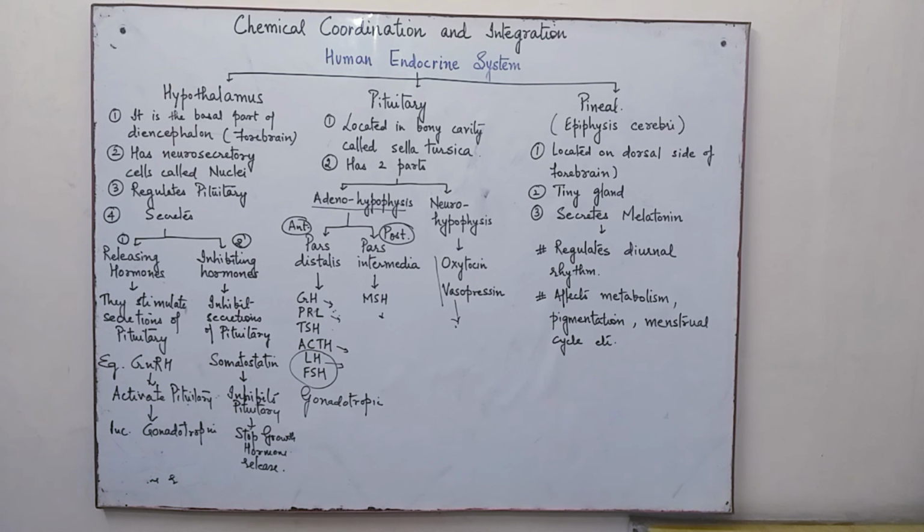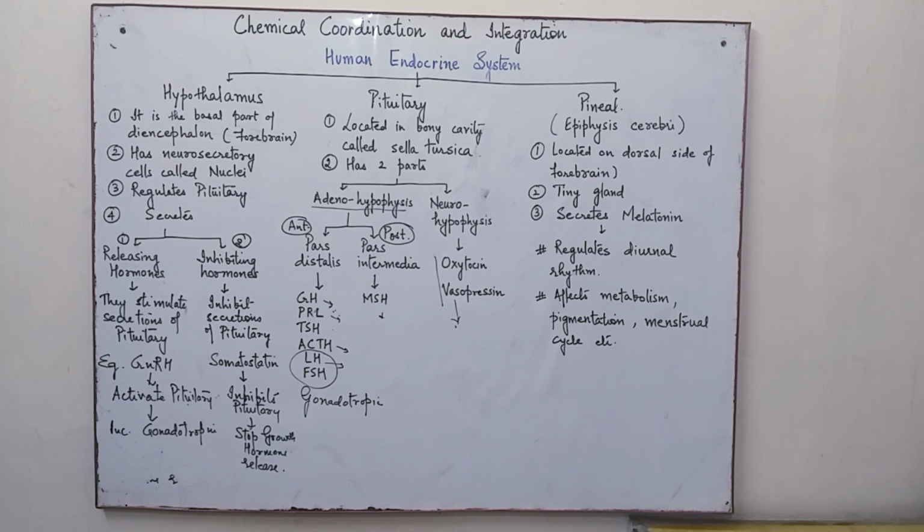So vasopressin plays a major role in the reabsorption of water as the urine passes through the tubular system of the kidney, and therefore it is known as antidiuretic hormone. So these hormones of the pituitary gland are regulating the various activities of the organism.